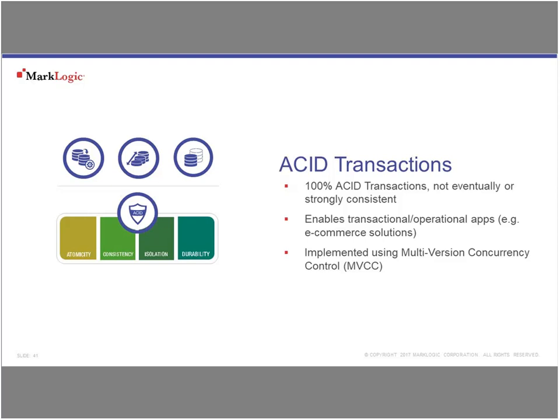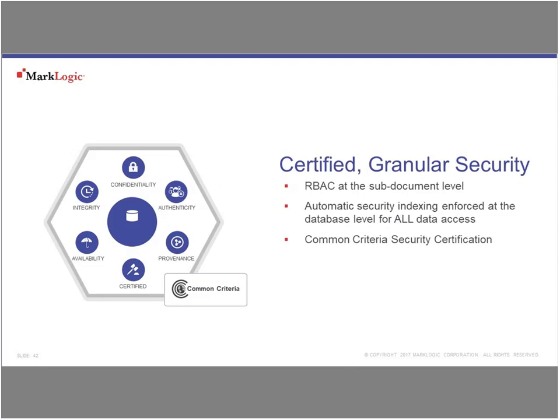And this becomes very, very important. It also enables organizations to do transactional apps. We have a number of highly performant transactional apps that rely on that multi-version concurrency control in order to do that. And so you can see we're starting to build a list of requirements so that we have a flexible architecture, we've got ACID transactions, and then they've got to be secure.